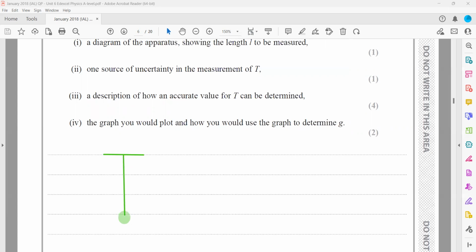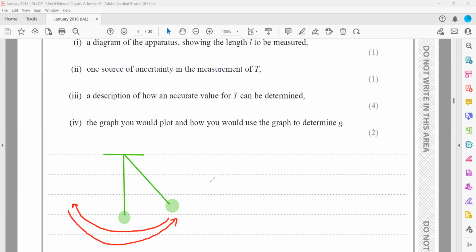One complete oscillation means the time it takes to move from one extreme position to another and then return back. You release the pendulum, it moves to the other extreme position and then returns back. That total time is the time period, or period of oscillation.